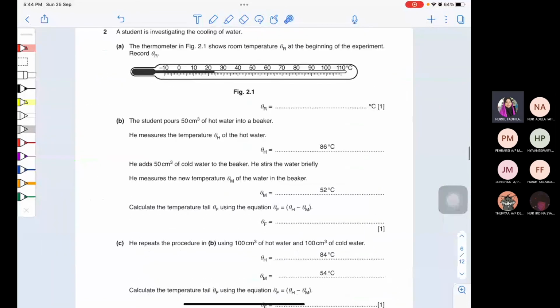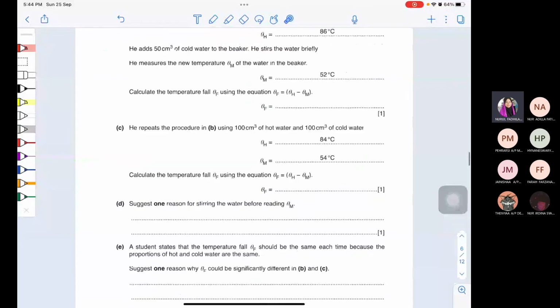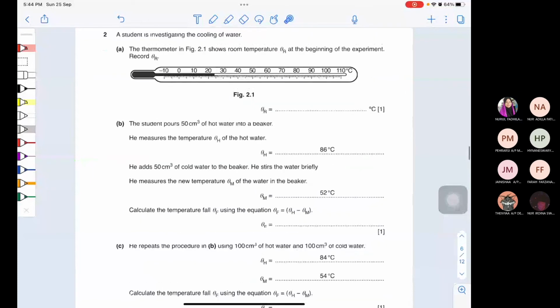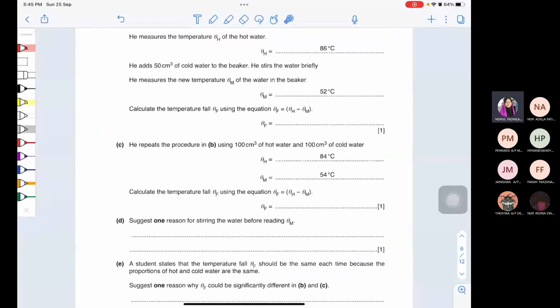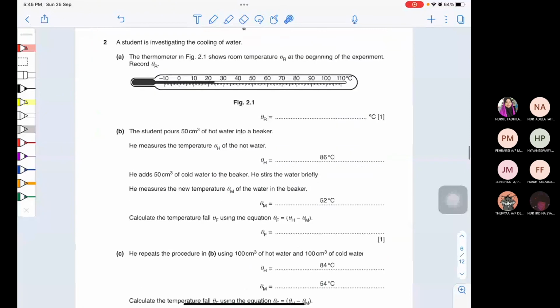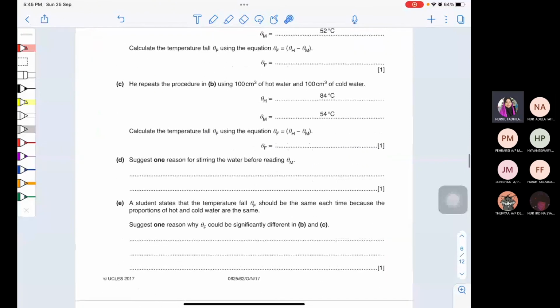Okay, I think this is easy. You just read the readings, and then you calculate, follow the instructions. Give one reason to stir the water before reading. If the topic is heat, you must stir. Why stir? To have the same temperature.